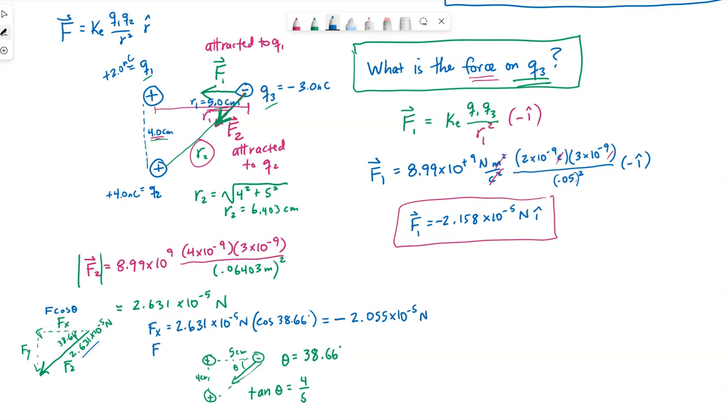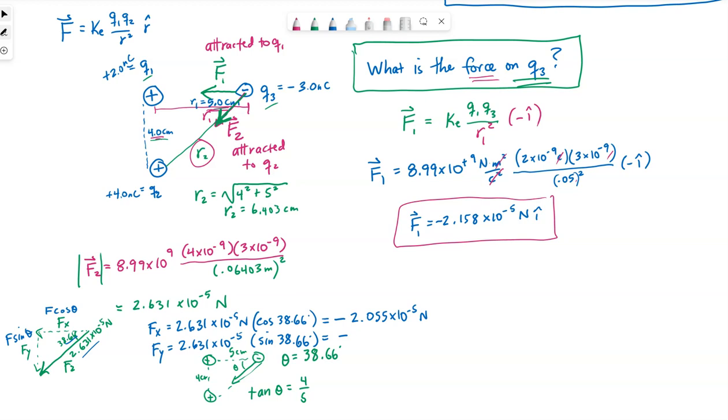The y component is opposite this angle, so this would be F sine theta to find that side. So same magnitude, sine of this angle that we figured out. It is downwards, so it will be negative.